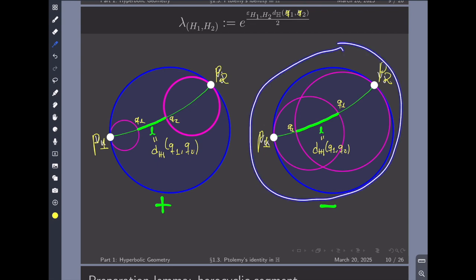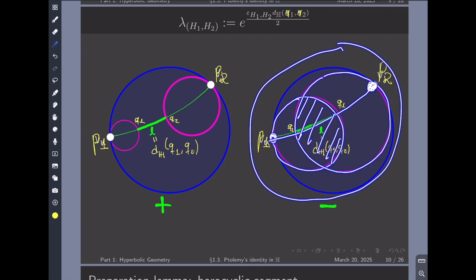In the case where I take two horocycles that cross each other, on the other hand, I know that the base points determine a geodesic connecting them. But how do I know that this one really passes through the region which is the intersection of the two Euclidean circles? How do I know that?